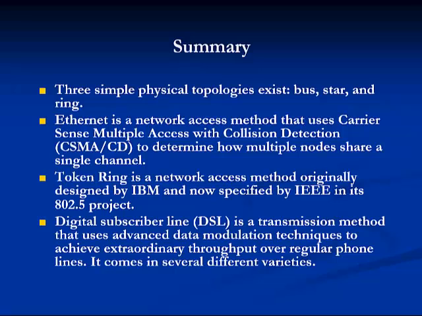We also talked about Token Ring, which is a network access method originally designed by IBM and now specified by IEEE in its 802.5 project. And finally, we talked about digital subscriber lines, or DSLs, as a transmission method that uses advanced data modulation techniques to achieve extraordinary throughput over regular phone lines. And it comes in several different varieties.